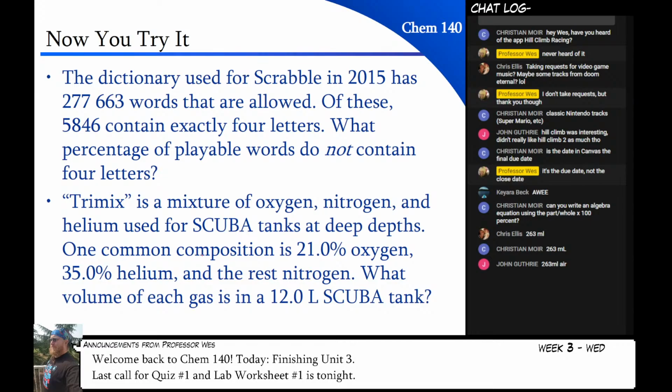What percentage of playable words does not contain 4 letters in Scrabble? And then down at the bottom, we have trimix, which is a common scuba diving mixture. 21% oxygen, which is what you need, 35% helium, and the remainder is nitrogen. What is the volume of each gas in a 12-liter scuba tank? Go ahead and try these problems. We'll go over the answers in just a bit.